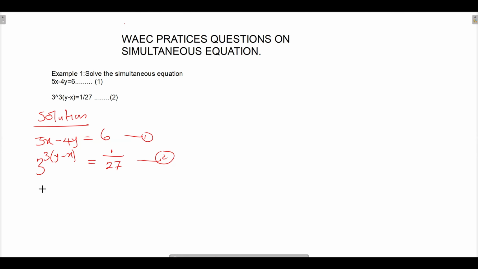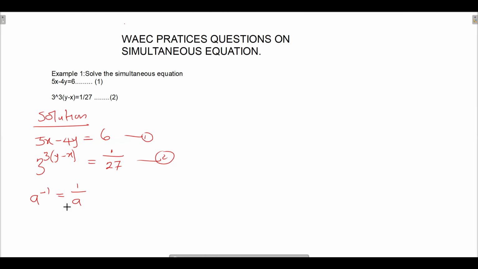So how can we go about this equation 2? There is a way we can rewrite 1 over 27 in indices. Don't forget that from indices, we say a raised to the power minus 1 is equal to 1 over a.